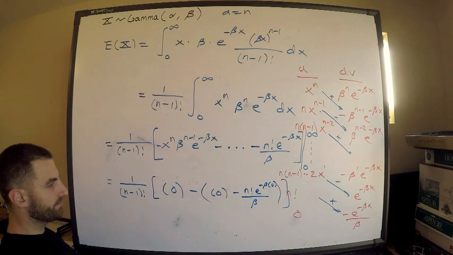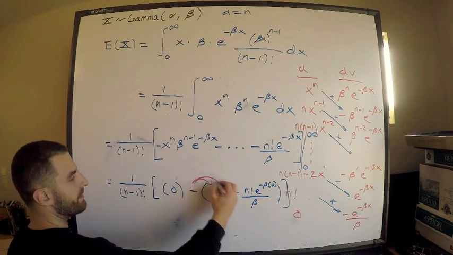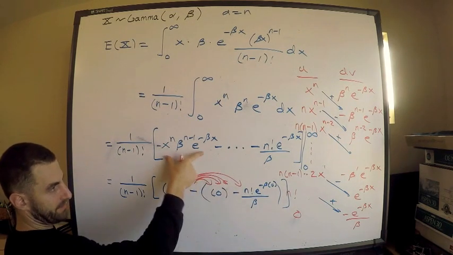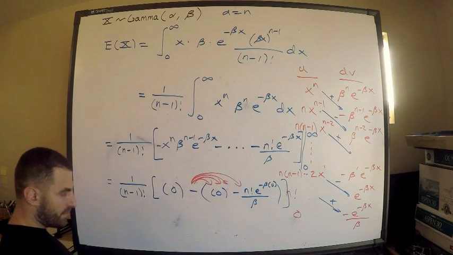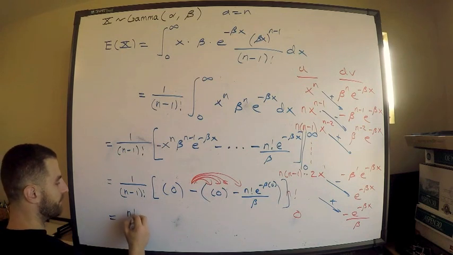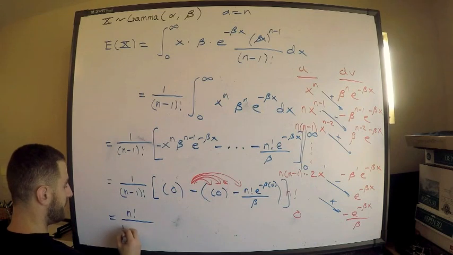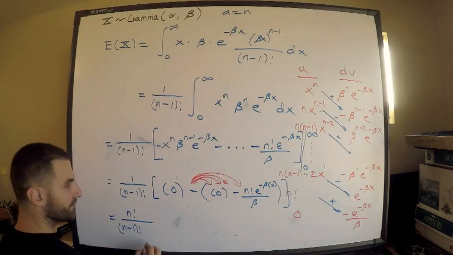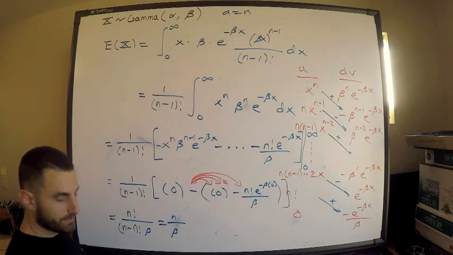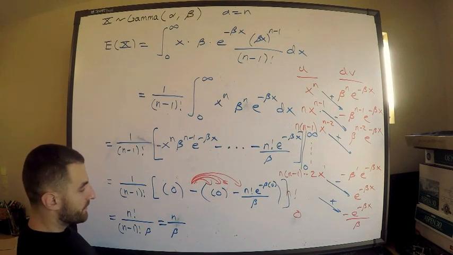So what do we have? This negative gets distributed, right? Keep in mind, I have a bunch of terms I'm missing here, but they're all 0 because they all contain x. What is my result? This is now equal to n factorial, this e to the 0 is 1, divided by n minus 1 factorial times beta. This is equal to n over beta. And you should be thinking to yourself, n is alpha. Okay, so this is our result.